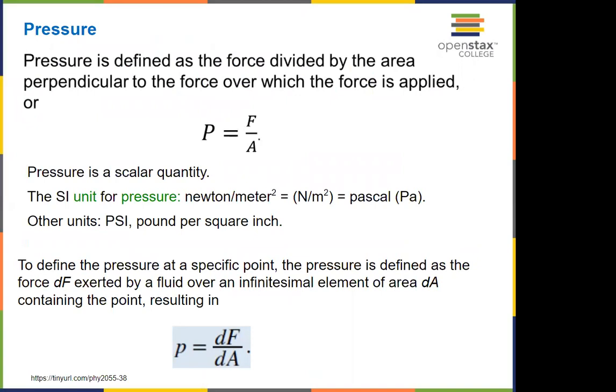So the second quantity here is pressure. I think we briefly mentioned this when we were talking about deformation of material. It's defined the same as stress. Pressure is equal to force divided by the area under the impact of the force, so F divided by A. Now you might imagine that pressure has a particular direction.